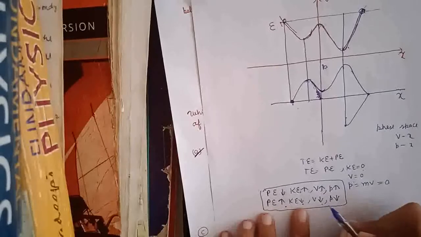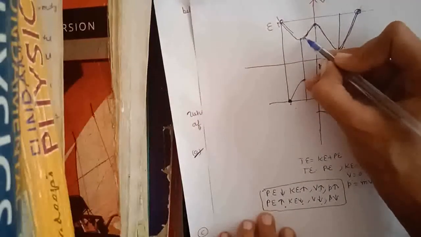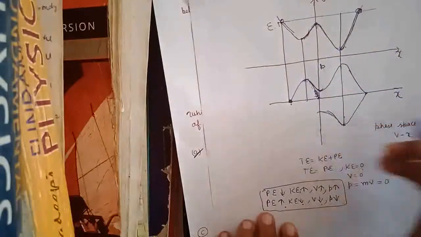At this point the potential energy increases, so kinetic energy decreases, velocity decreases, and momentum will decrease up to here. Now over here again the momentum will increase.